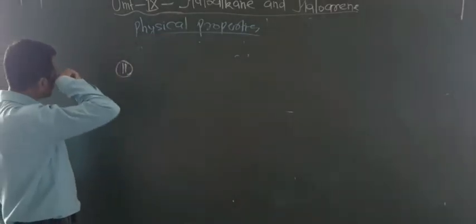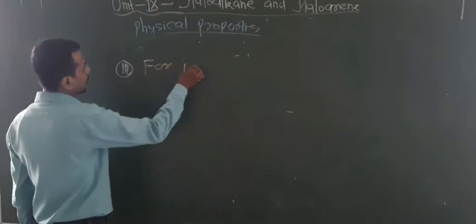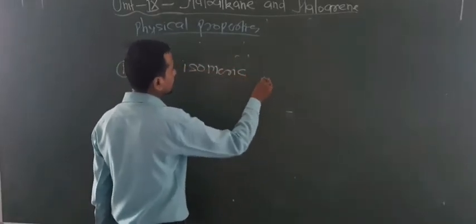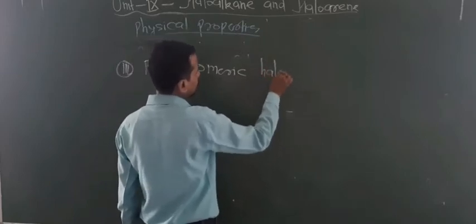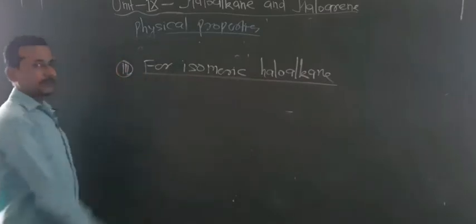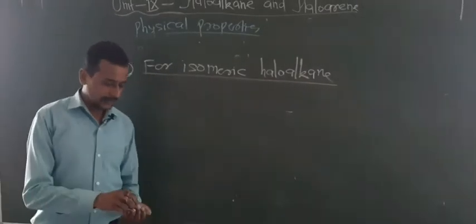Now third point, for isomeric haloalkanes. You know that isomers means having the same molecular formula but different structure.